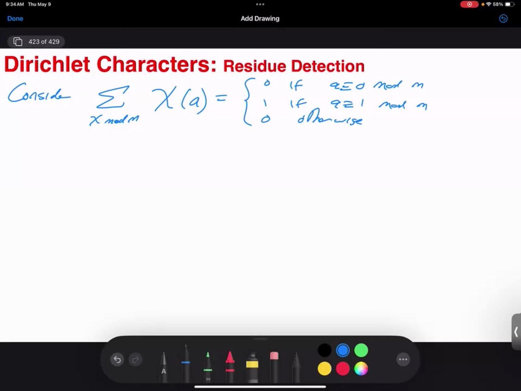More generally, I could look at the sum over chi mod m of chi of a times chi of b inverse. So let's assume b is invertible.